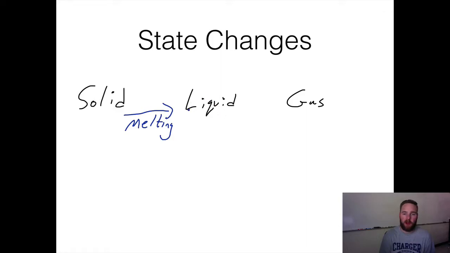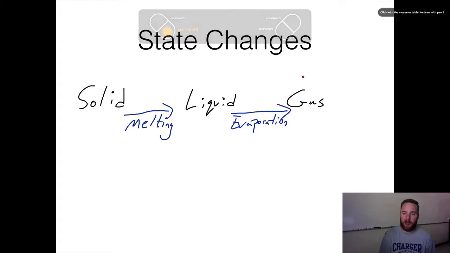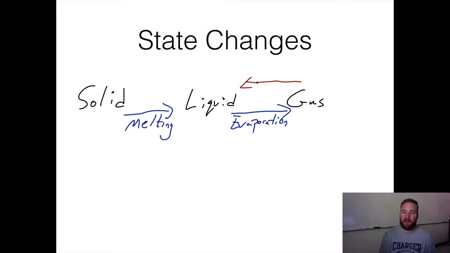Right? We can keep going from a liquid to a gas by adding more energy, and we call that evaporation. All right, so now we can go back the other way. And I'll change color for this. We can go back the other way, and we are taking energy out of the system here.